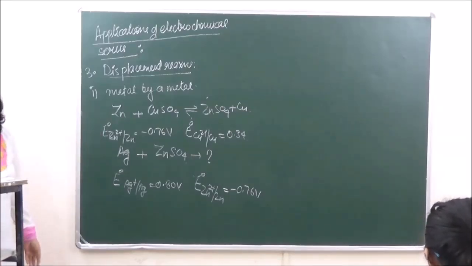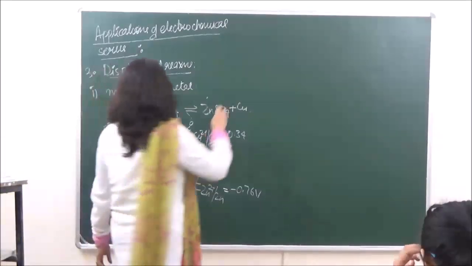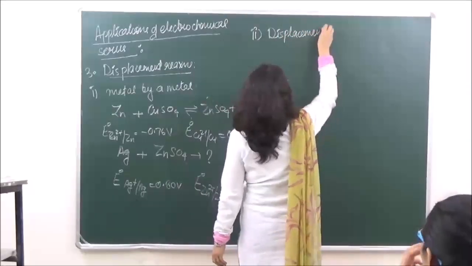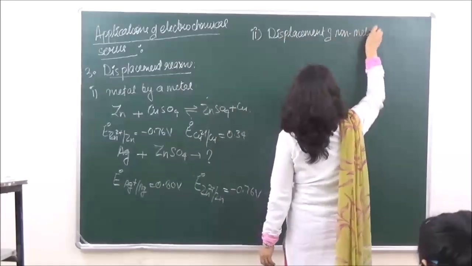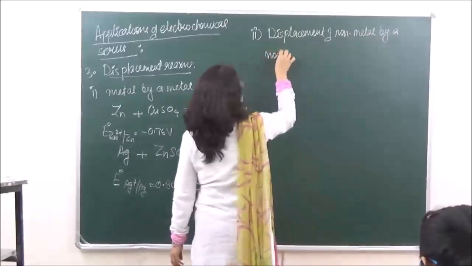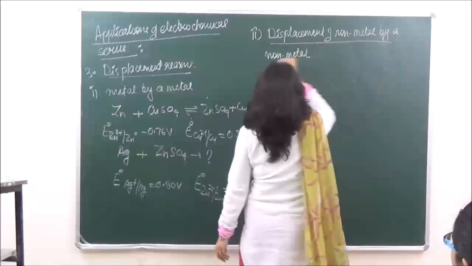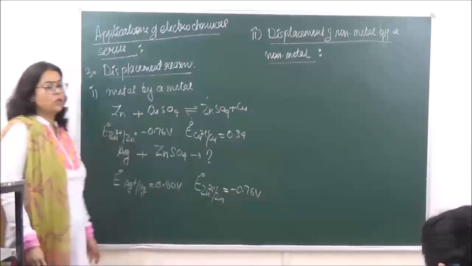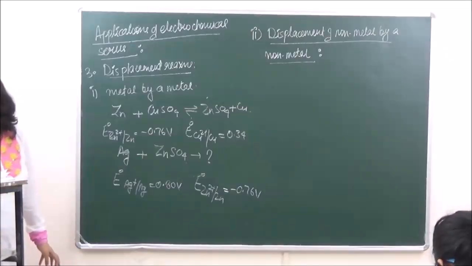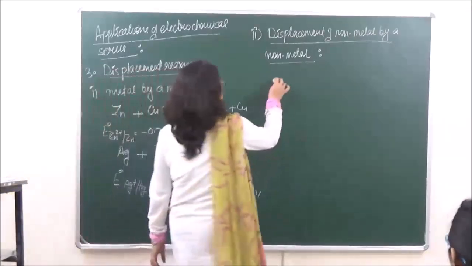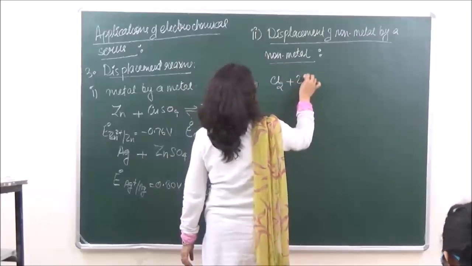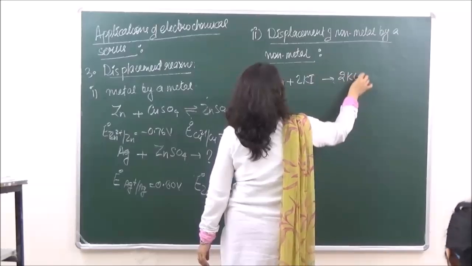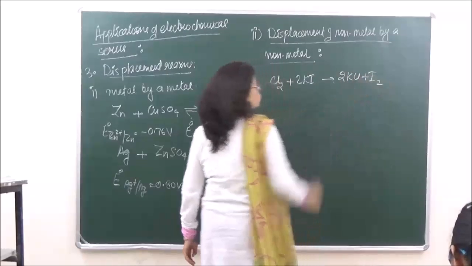Then second, we have displacement of non-metal by a non-metal. Let's illustrate this also with the help of an example. We are taking one equation, Cl2 plus 2KI to give us 2KCl plus I2.